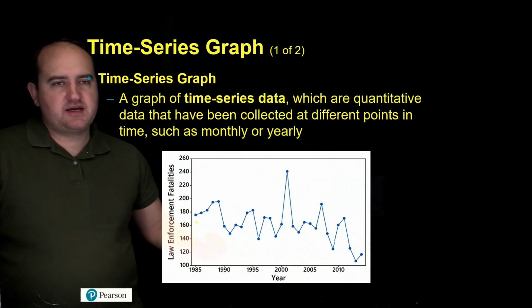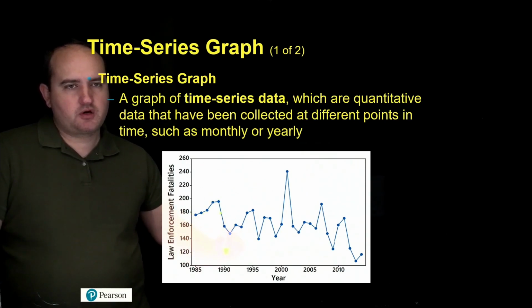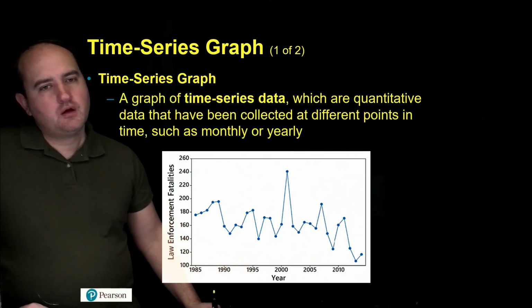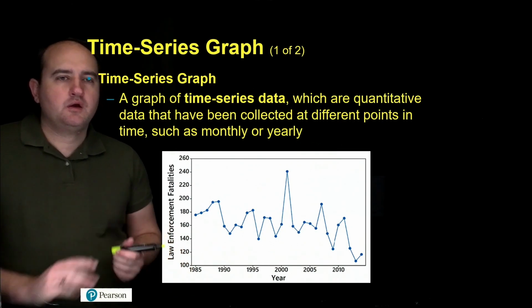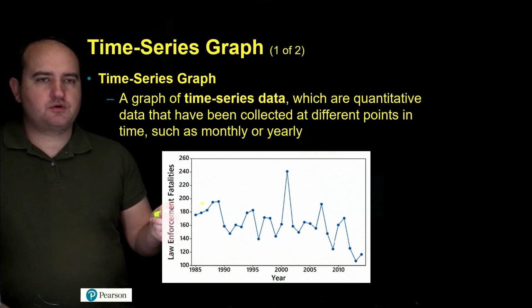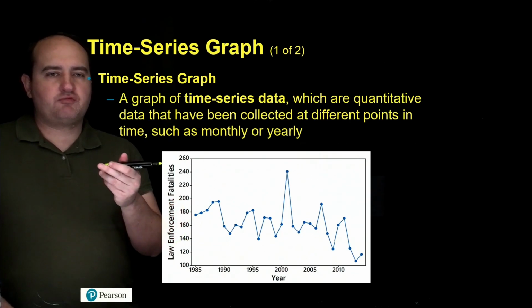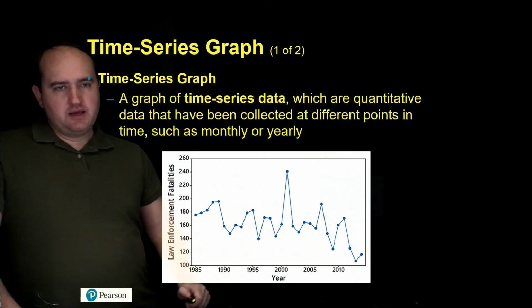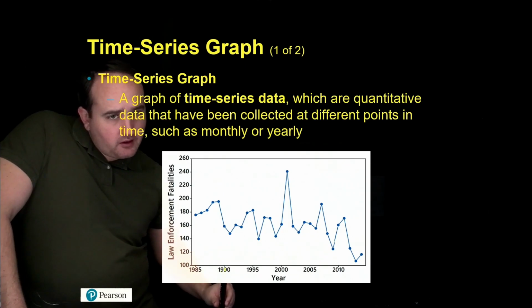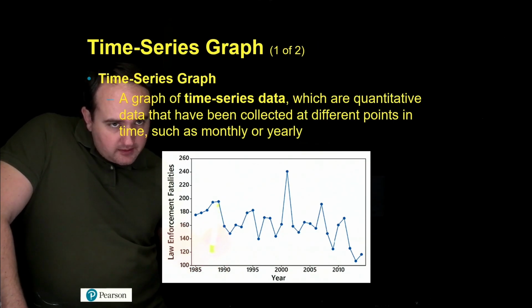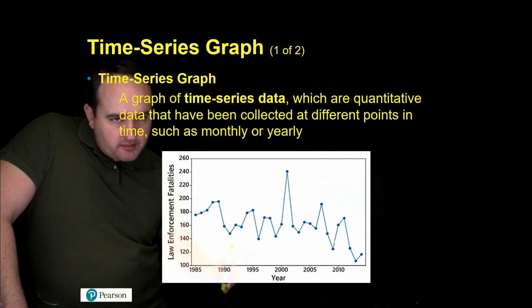But as we can see, the nice thing about this graph is we can see what are called trends in the data. So from 1985 all the way up to 1990, we could see a small increase as we go from left to right in the number of law enforcement fatalities. And then all of a sudden, around 1990, or at least 1989, there was a sudden drop in the number of fatalities.